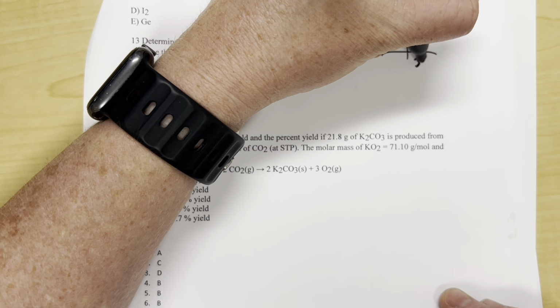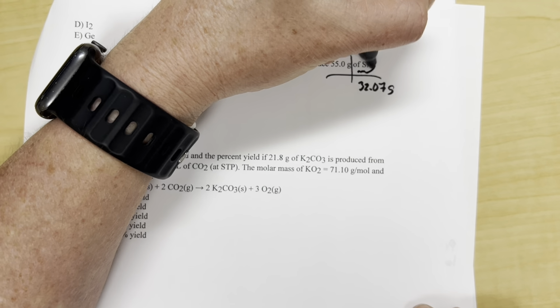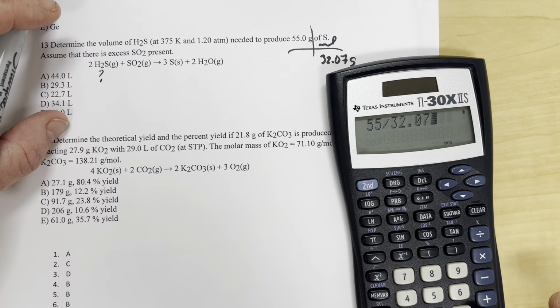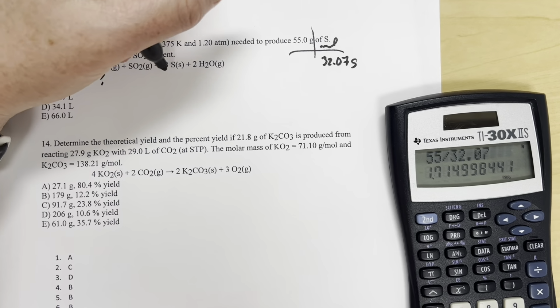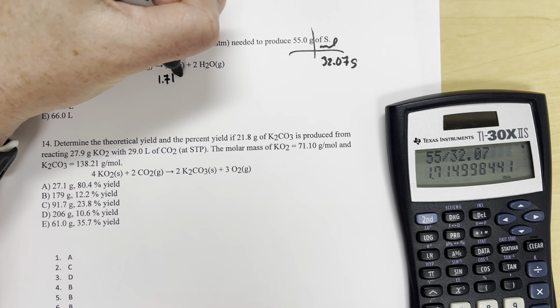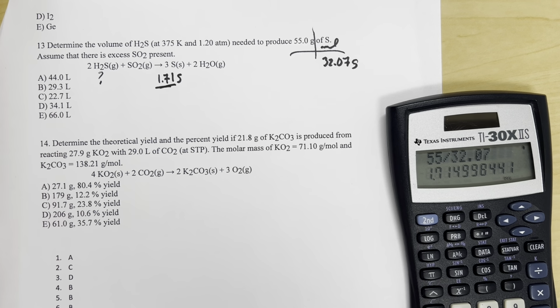We know 32.07 is the molar mass of sulfur, in grams per mole. So 55 divided by 32.07 equals 1.7149, or 1.715 moles. Okay, and that's the number of moles of sulfur.